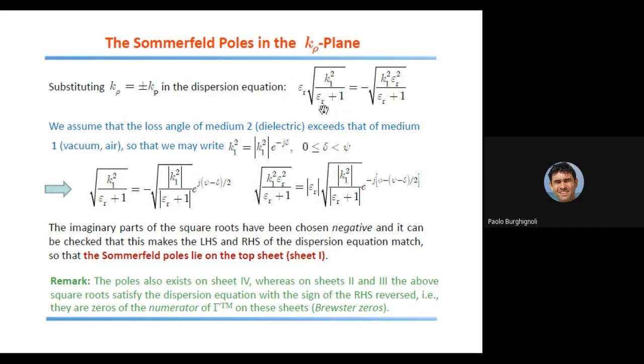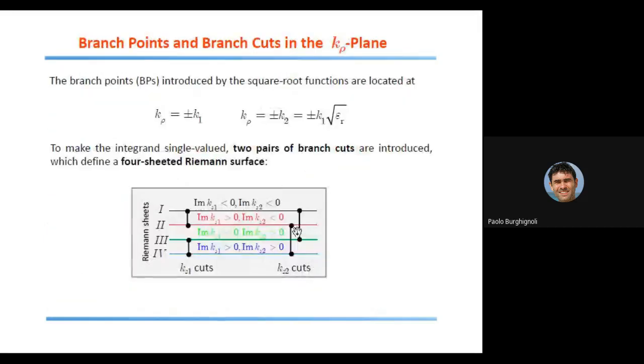This means that the right choice for the square root is the one in which the imaginary parts of the square roots are negative for both wave numbers. And this is equivalent to saying that the Sommerfeld poles lie on the top sheet, which is sheet number 1, where the imaginary part of the wave numbers is negative for both.